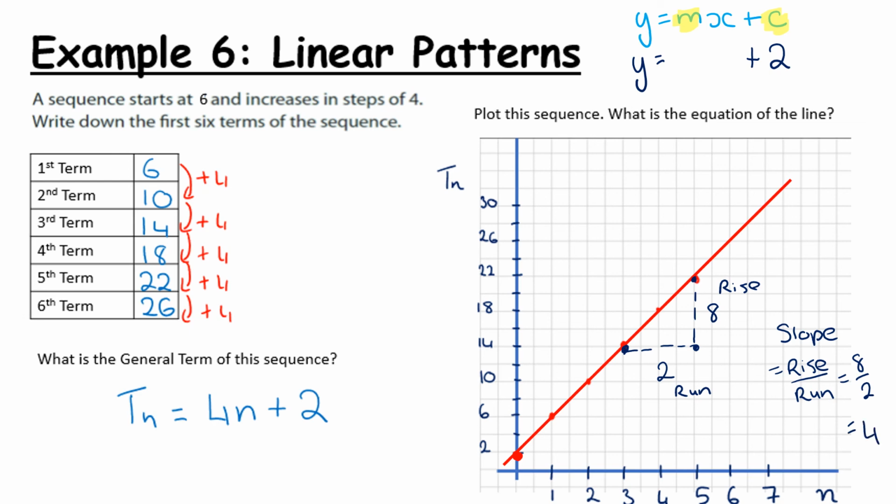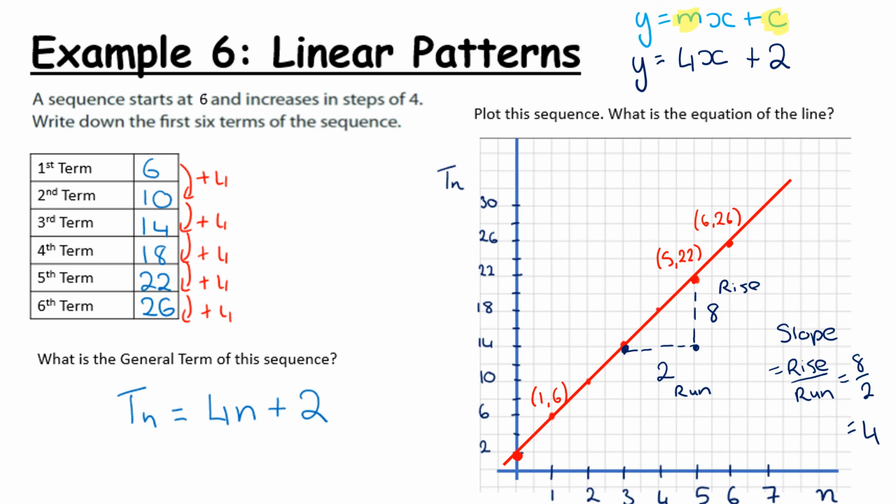If you prefer, you could use some points on the line. So for example, this point here was the point (5, 22). We had a point here, which was (6, 26). We had a point here, which is (1, 6), and so on. So going back up to my equation, I have y equals 4x plus 2.